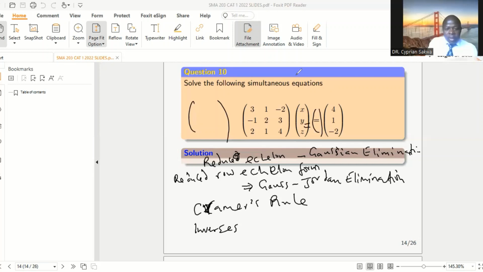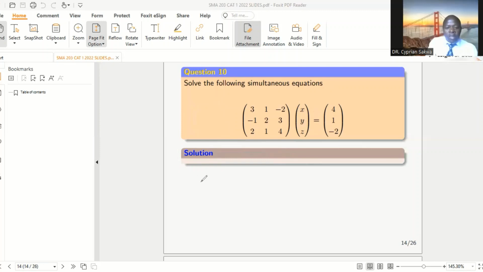You were to use any of the methods. Should I use Gaussian elimination, or should I use Gauss-Jordan? Whichever method, but let me use Gauss-Jordan elimination. I want to transform the system to this augmented matrix, and I want to transform it to reduced row echelon form.